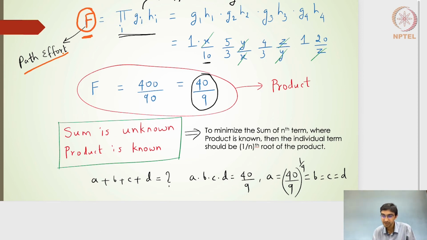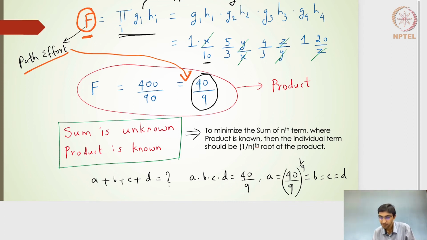And the path effort will give me a definite value. In this case, we have got a value of 40 by 9. So we don't know the value of x, y, z, but the product of all those terms, we got it as 40 by 9.